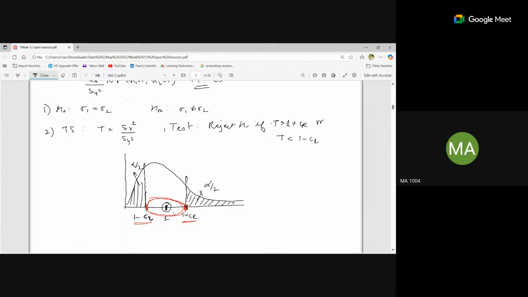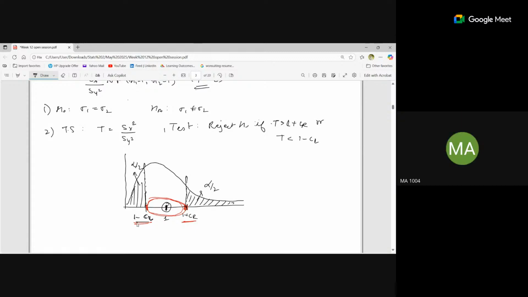In previous cases, like in the Z test, alpha would be the same on left and right directions. But here we are considering CL and CR to be different.